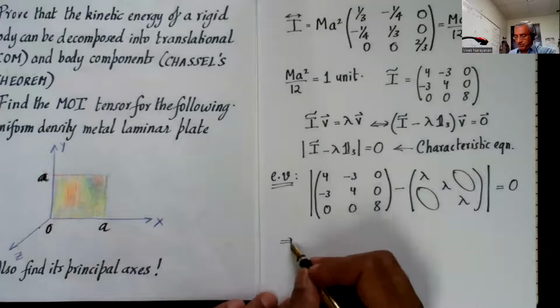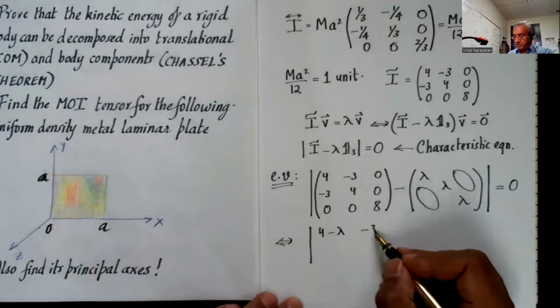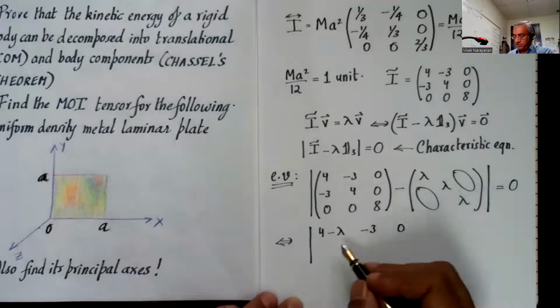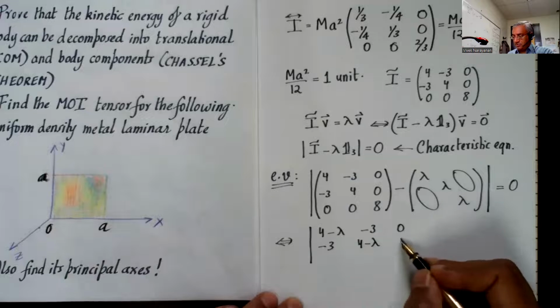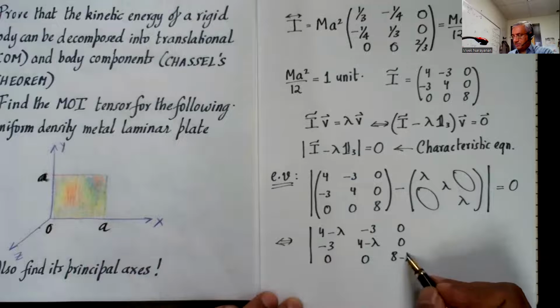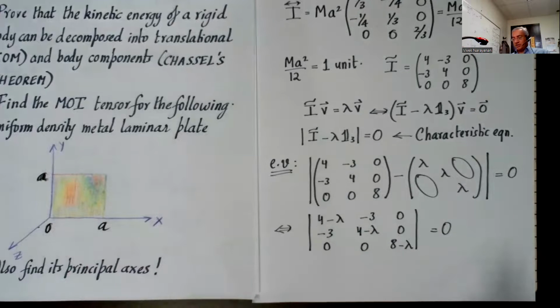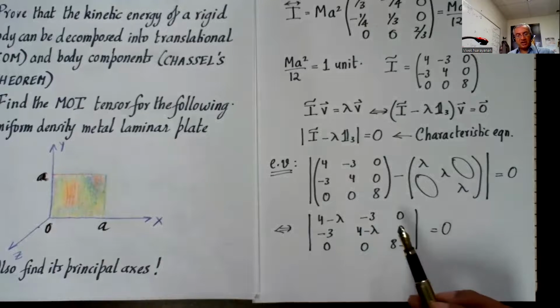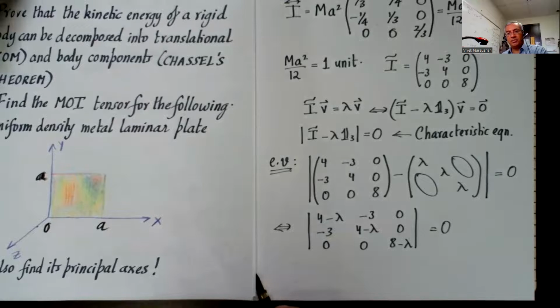So when you solve this, I get the determinant of 4 minus lambda, -3, 0, -3, 4 minus lambda, 0, 0, 0, 8 minus lambda equal to 0. Well, it's easiest to use expansion along this column. So I'm going to expand along that column.